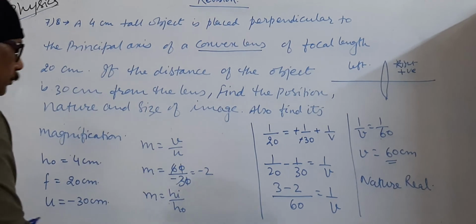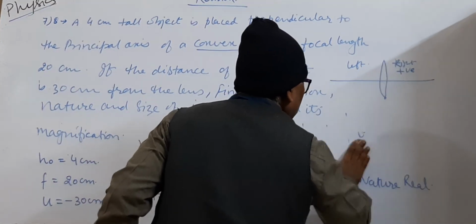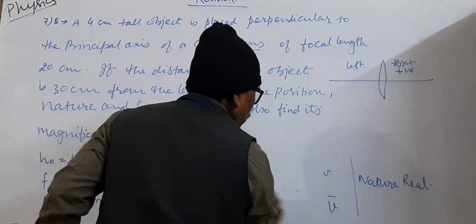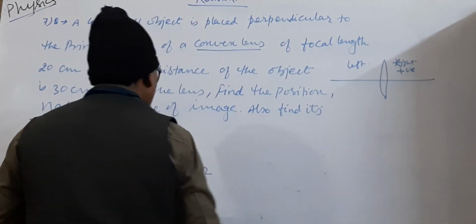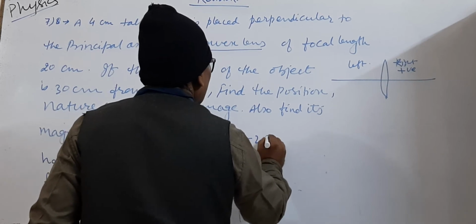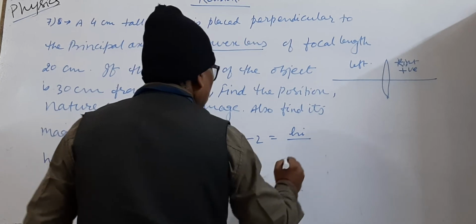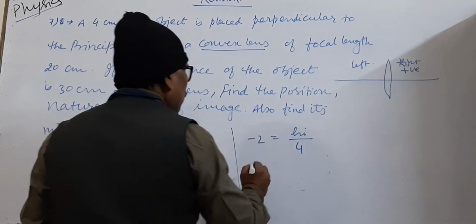Now see, since magnification is minus 2, you have to find out hi, and ho is how much? 4 centimeter.